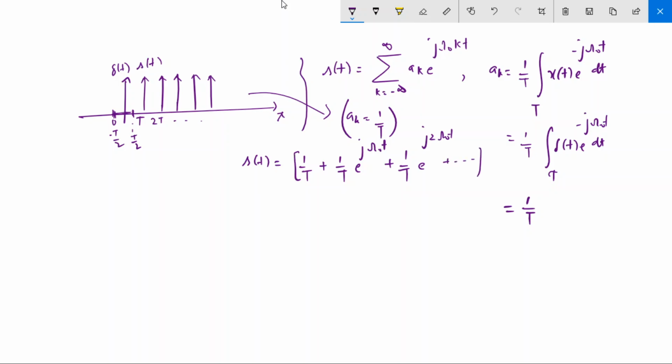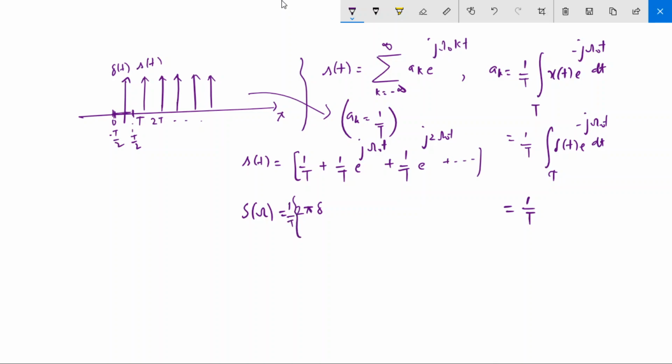And now if I find its Fourier transform S(omega), you can take 1 by T as a common factor because it is present everywhere.